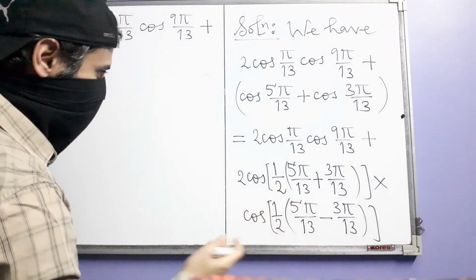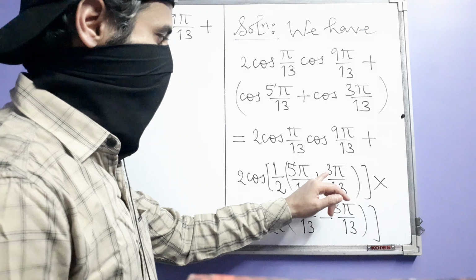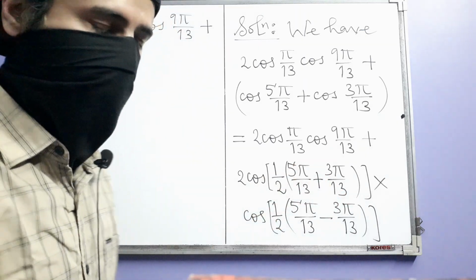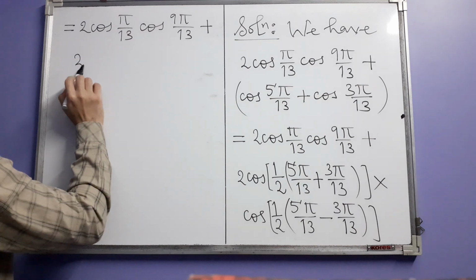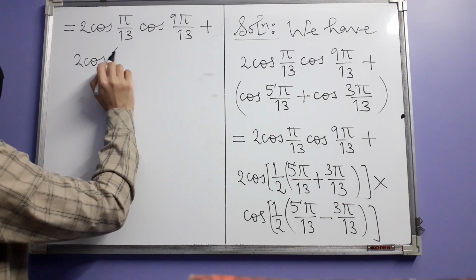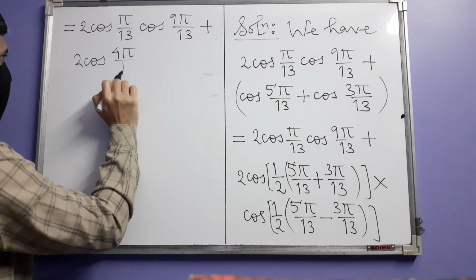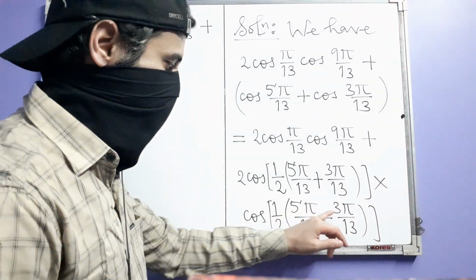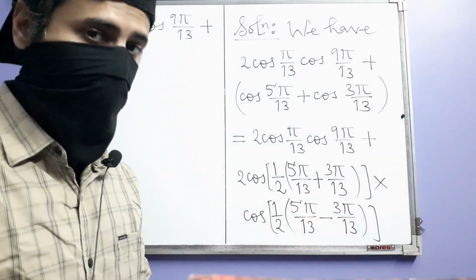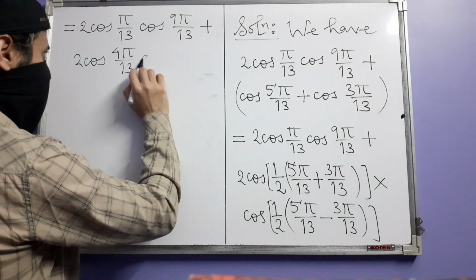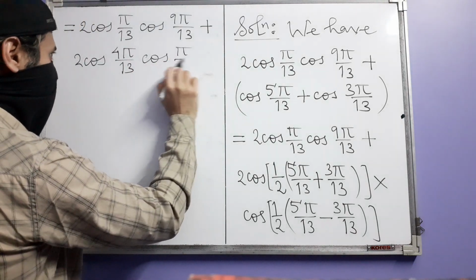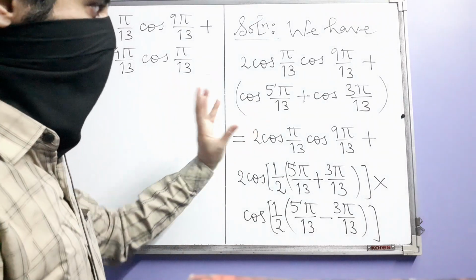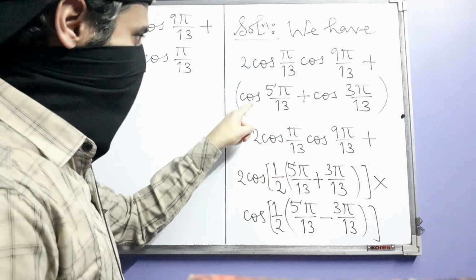So now what will this be? 5 plus 3 is 8. 8 divided by 2 is 4. 4 pi over 13. Similarly, 5 minus 3 is 2, 2 divided by 2 is 1. That means cos pi over 13.